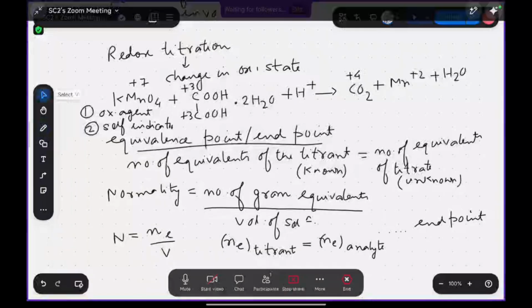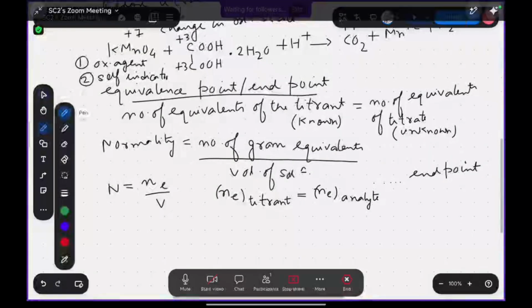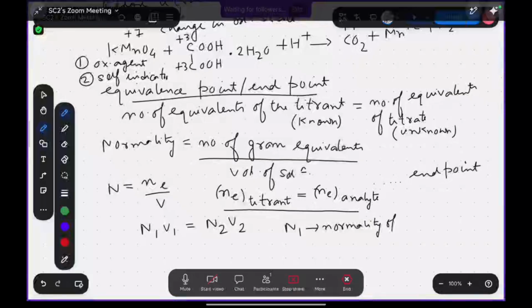So for calculation, the equation becomes N1 V1 is equal to N2 V2, because the number of equivalents of the titrant is equal to the number of equivalents of the analyte. N1 is the normality of the titrant.